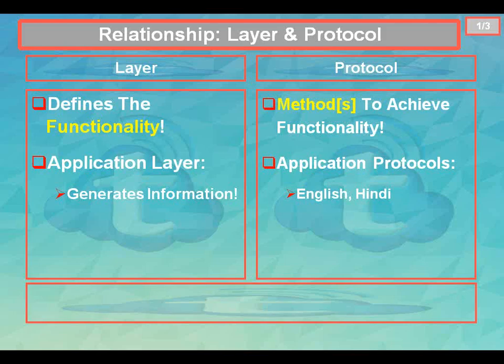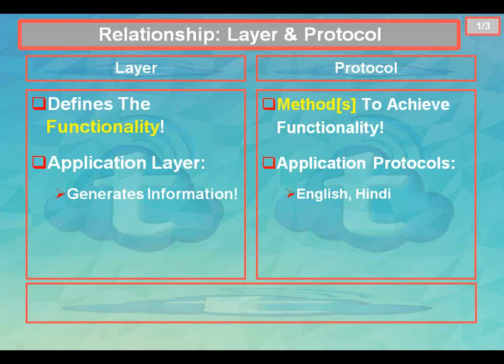Your brain will be able to receive what I am speaking, but your brain will not be able to understand what I am trying to say because you don't have that protocol. You have the layer, but you don't have the protocol. You see? So layer defines the functionality, protocol defines what are the different ways of achieving that functionality. What are the different methods of achieving that functionality?